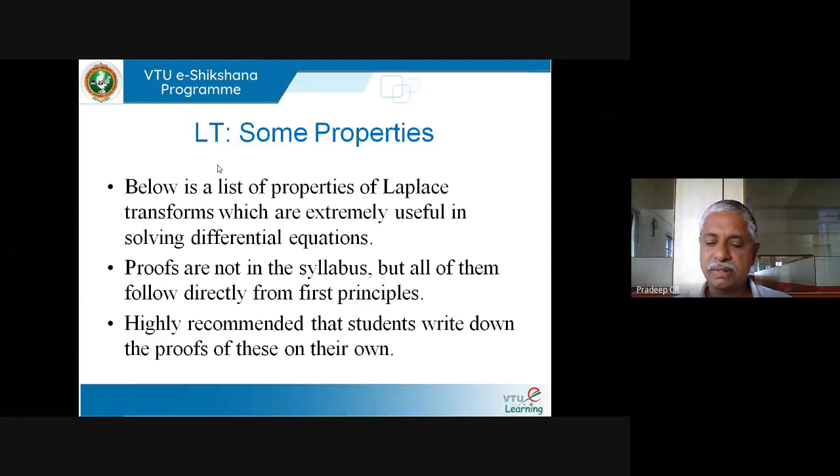So we had defined Laplace transforms, found Laplace transforms of some very elementary functions, used the linearity property of that, and made a table of Laplace transforms of some standard functions.